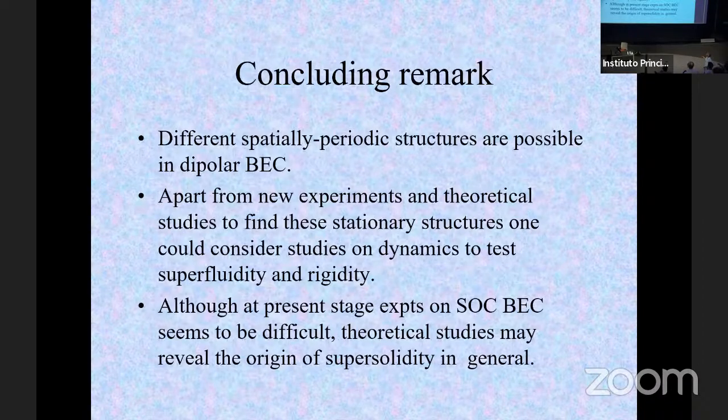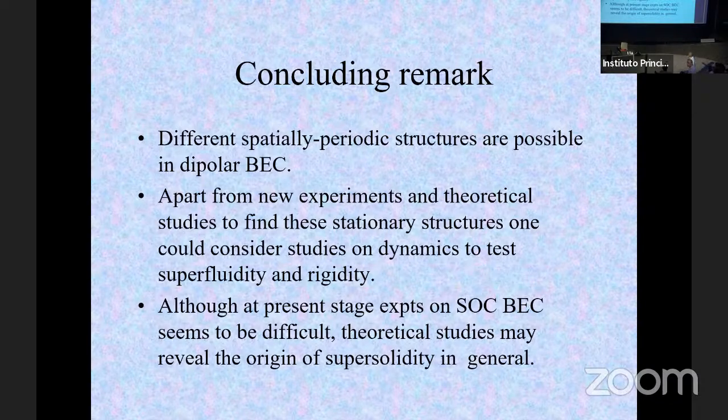So different spatially periodic structures are possible in different BECs. Apart from new experiments and theoretical studies to find these stationary structures, one could consider studies of dynamics to test the superfluidity and rigidity. At the present stage, experiments with SOC BEC seem to be difficult.